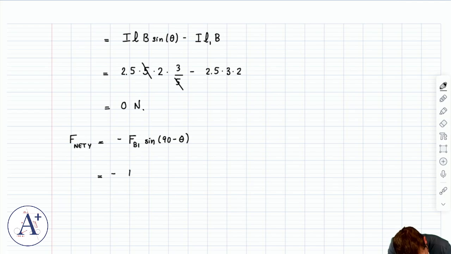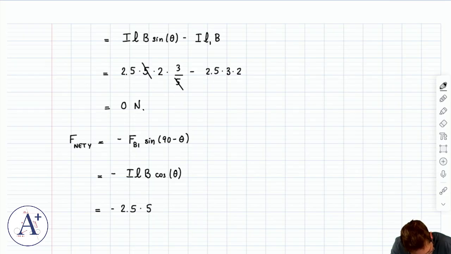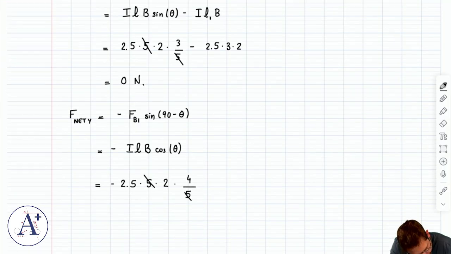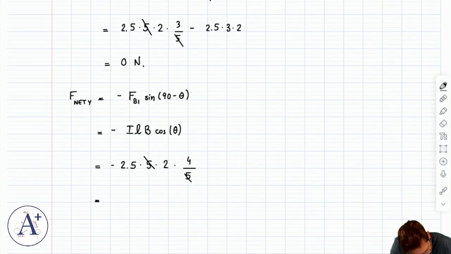That's going to be minus I, L, B cosine theta, because sine of 90 minus theta is cosine theta. So that's going to be minus 2.5 times 5 times B, which is 2, times cosine theta, which is 4 divided by 5. And guess what? We get minus 20 Newton.